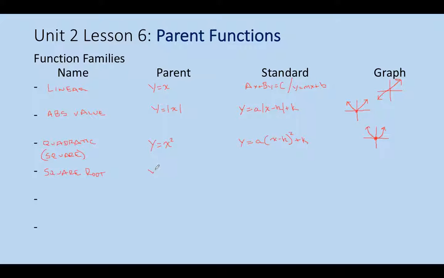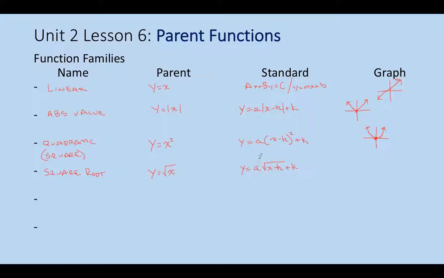But anyhow, the parent form is going to be y equals the square root of x. The standard form is going to be y equals a times the square root of x minus h, plus k.